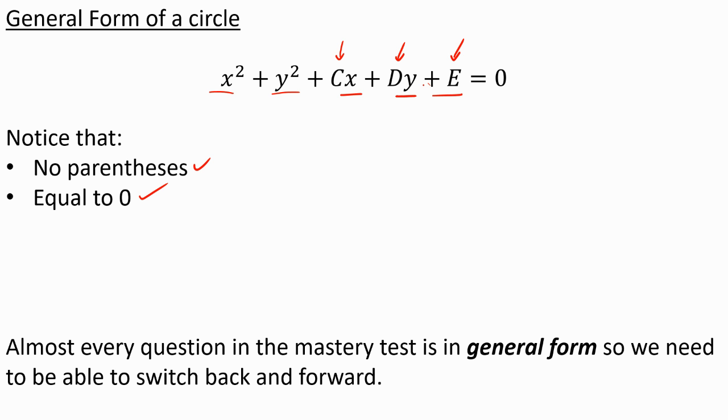So what we need to do is factor this crazy thing until we can get it into parentheses with x squared, and then parentheses with y squared, and then the leftover number, that'll be our radius squared. That's the basic idea of what we're going to be doing.